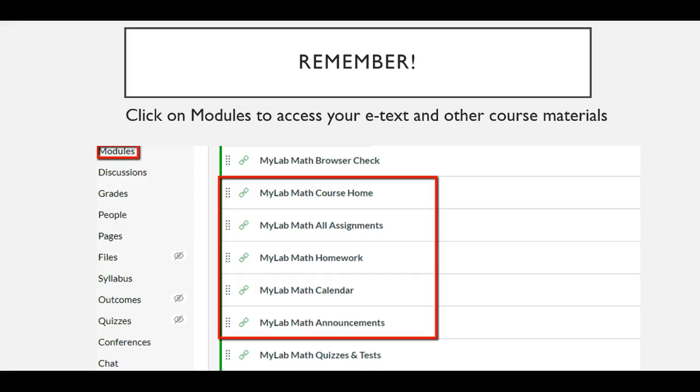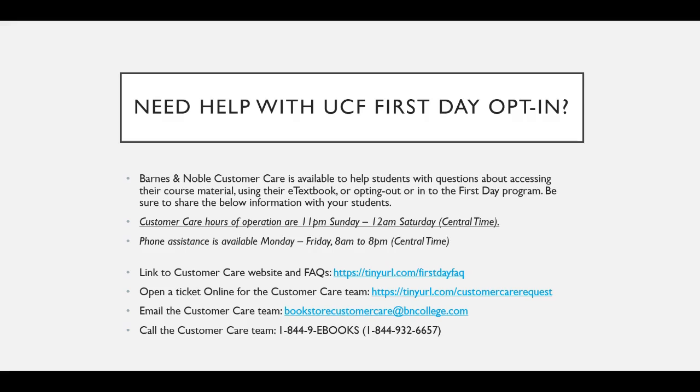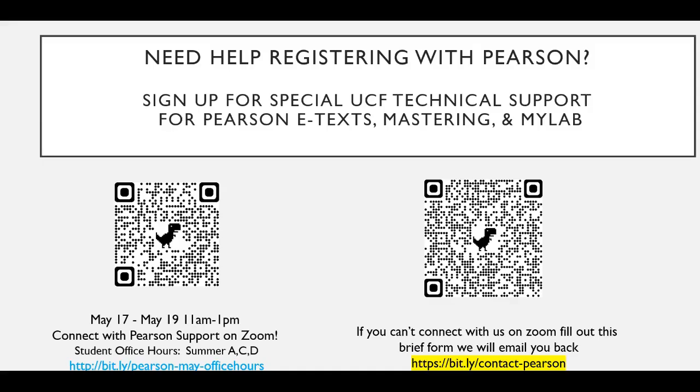So moving forward, remember every time you want to go to the math homework or to the e-text, you simply click on modules and then you'll have easy access. And if you have trouble receiving the email from the opt-in or have questions about opting in or the First Day program in general, contact the UCF bookstore, the Barnes & Noble bookstore, at any of these links or by calling the 800 number.